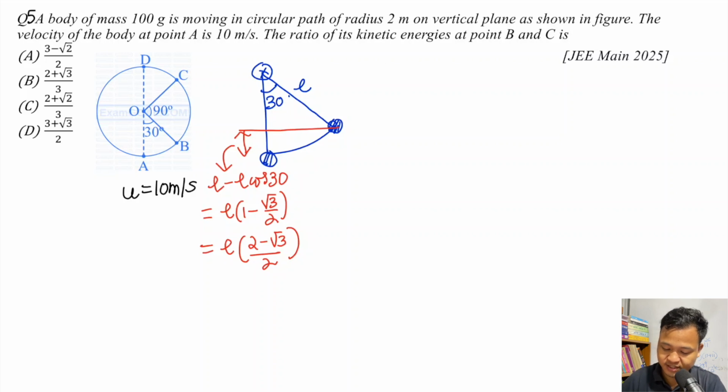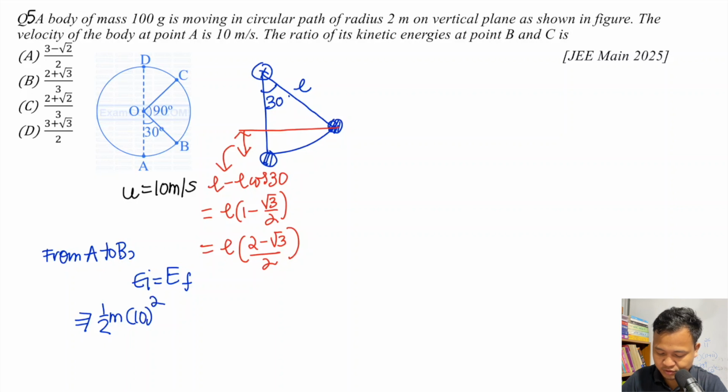Now to find the kinetic energy of B, we use energy conservation: E initial equals E final, from A to B. So half into mass m into 10 square, the initial speed is 10, plus the initial potential energy which is 0, equals the final half mv square plus potential energy mg into L into 2 minus root 3 by 2.